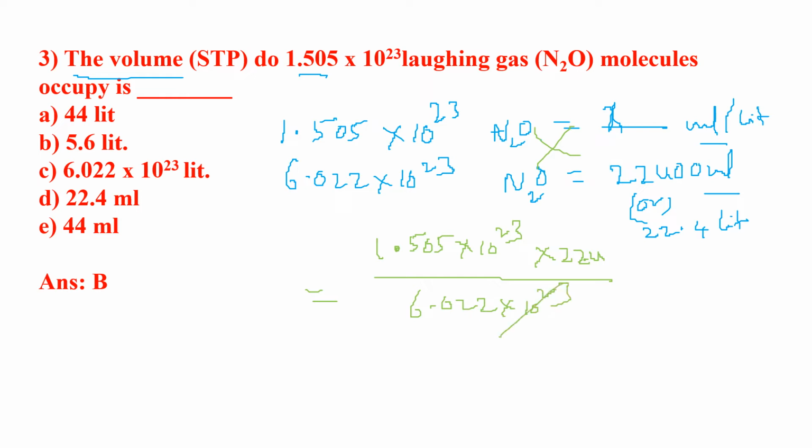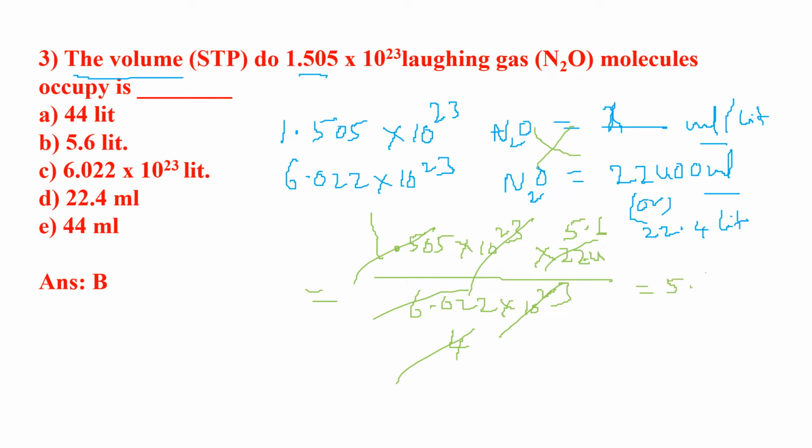Then they cancel with each other, and you get 5.6.